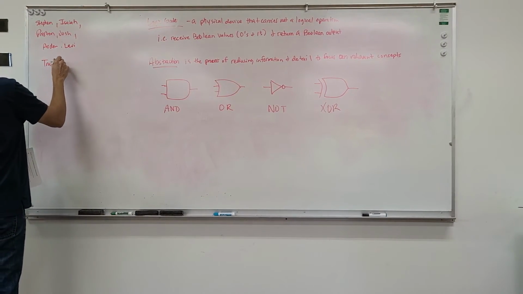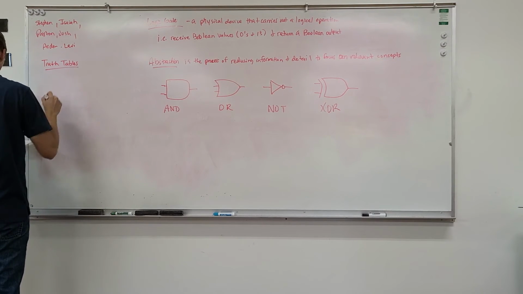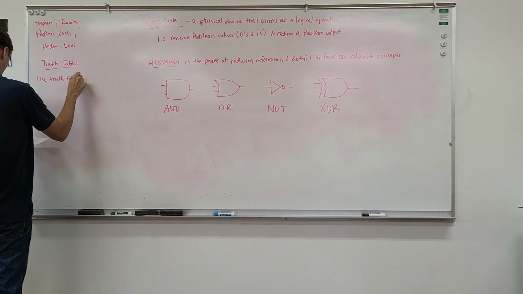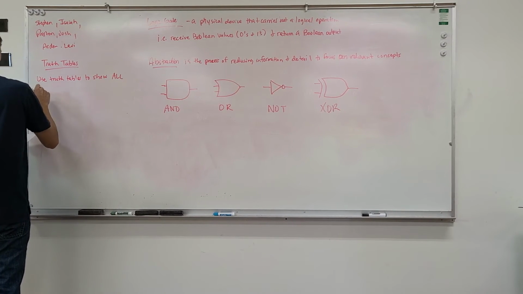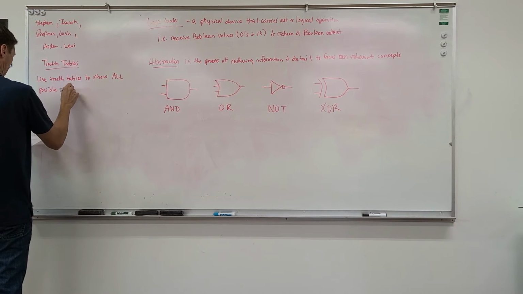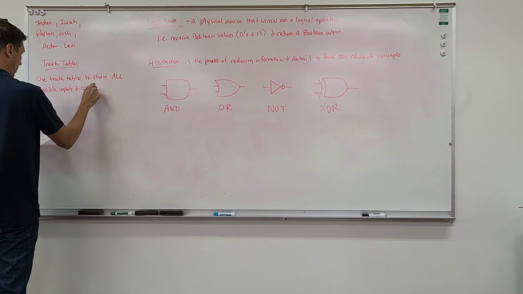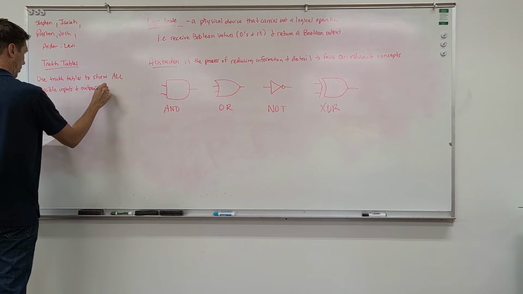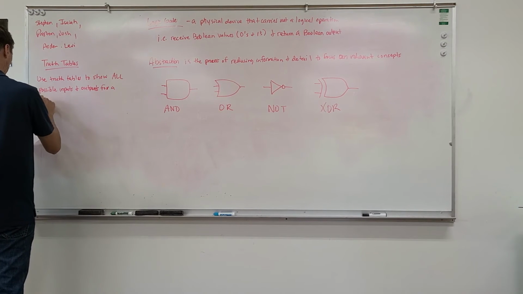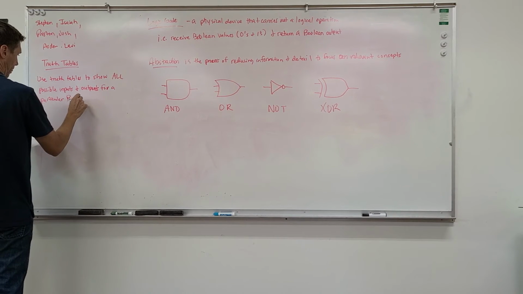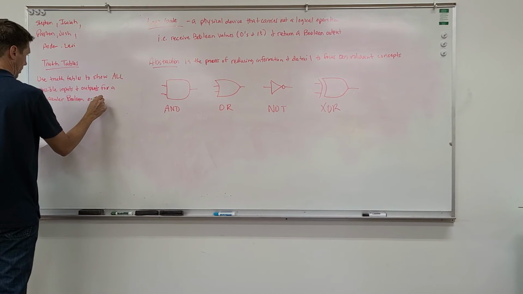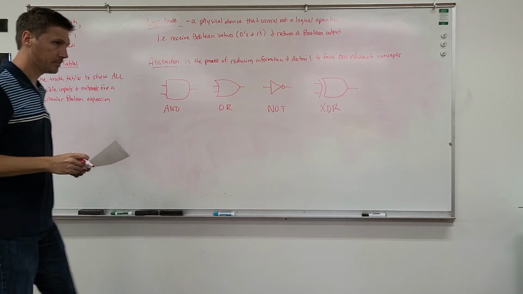A truth table: use truth tables to show all possible inputs and outputs for a particular Boolean expression. All right.